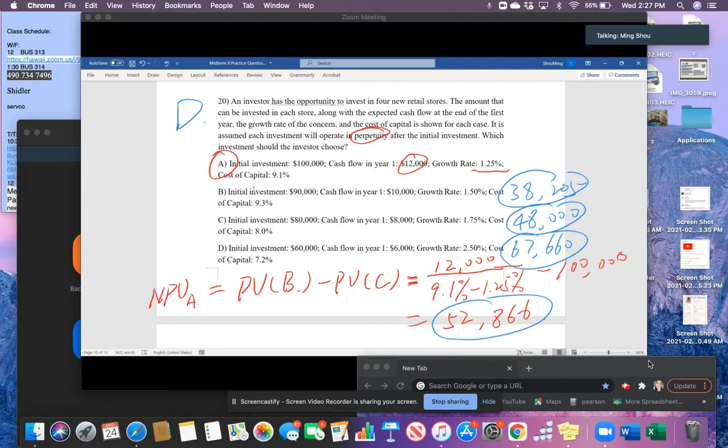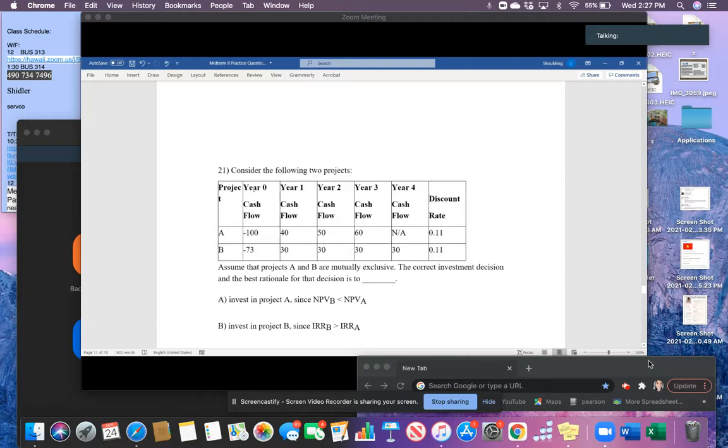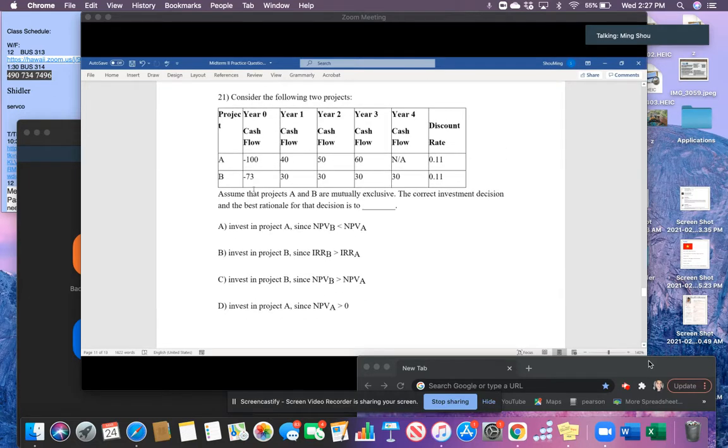Good. All right, let's move on. 21. So we have two projects, and they're mutually exclusive. If it's a case of mutually exclusive projects, we need to use the NPV rule.